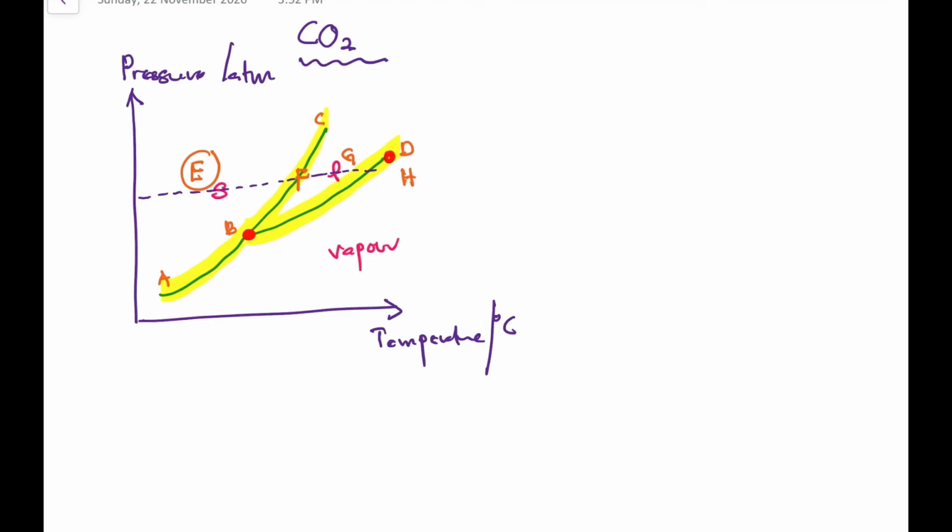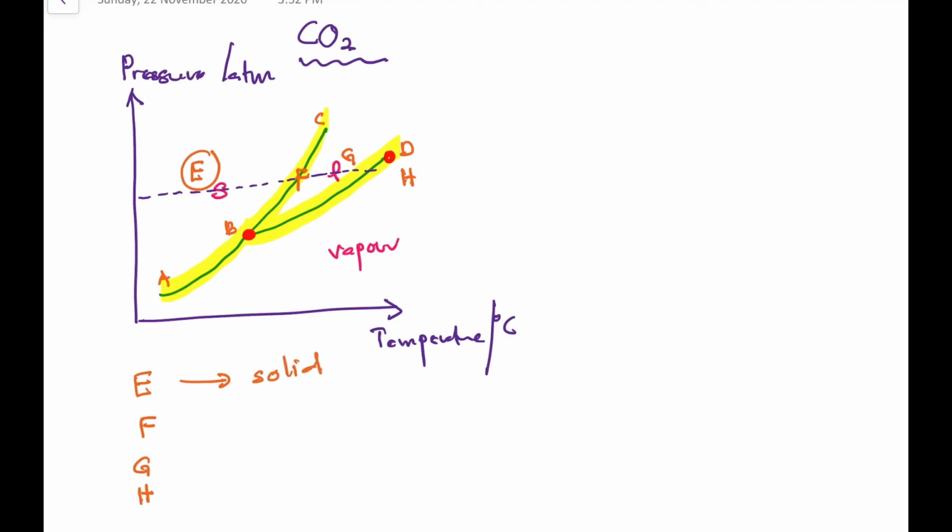And what is the state or the physical properties at points E, F, G, and H? If we look at point E, in that region all the substance is in a solid state. So at point E, the carbon dioxide appears in a solid state.